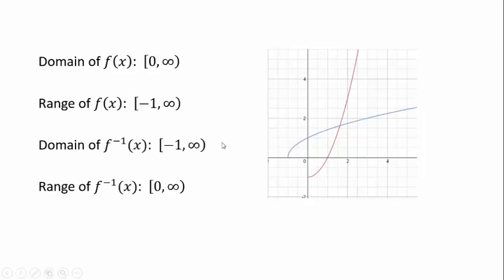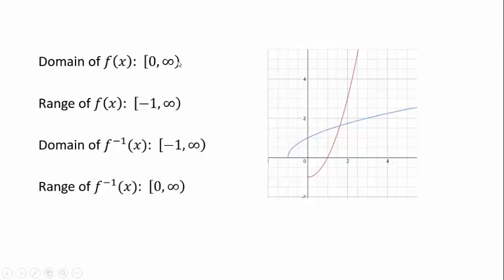If we look at the domain and range of the inverse, remember that's the blue one here, the domain goes from -1 to infinity. The range, starting right here, for the y values, goes from 0 off to infinity. Now, do you see something going on here? We see some similarities, right? The domain of f of x is exactly the same as the range of the inverse.